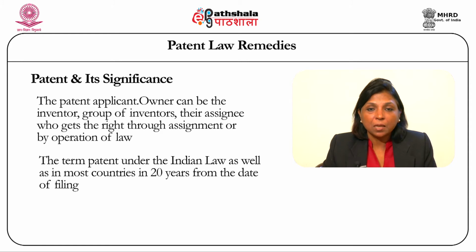That means, in the memo of parties which he files in the court, you will have the main defendant, defendant number one, the one who is infringing, and the last defendant would be the patent owner. And this is just for the purposes of seeking a remedy.